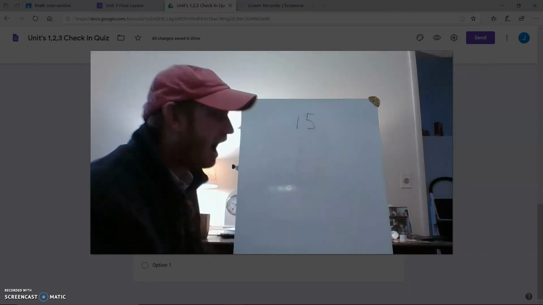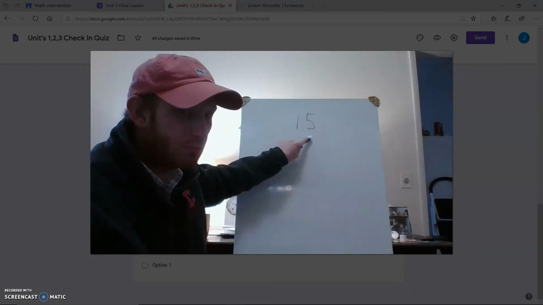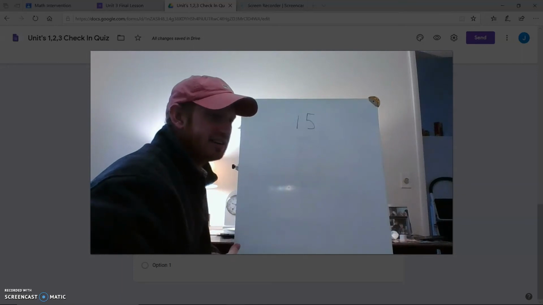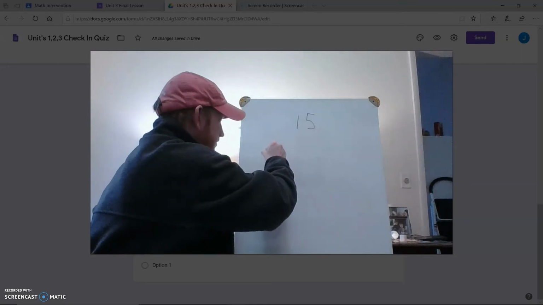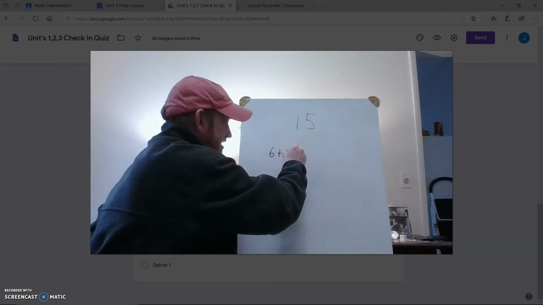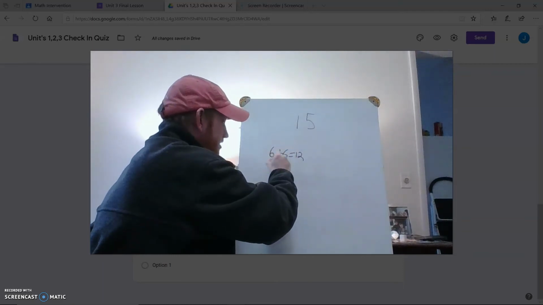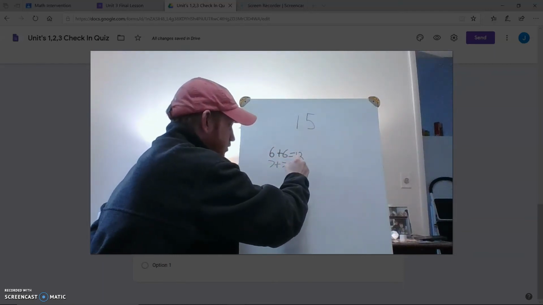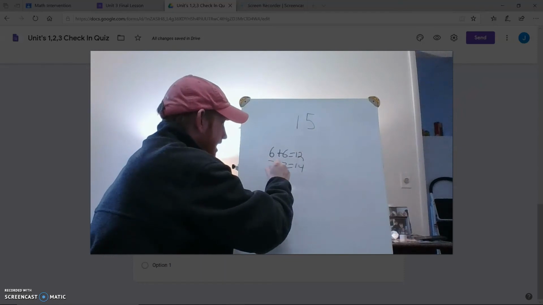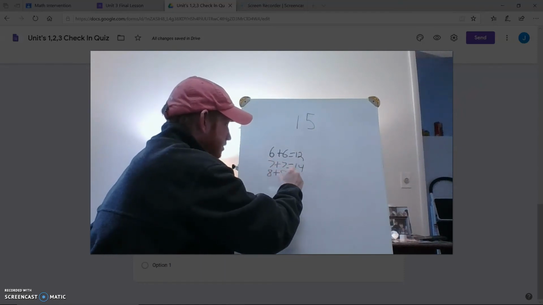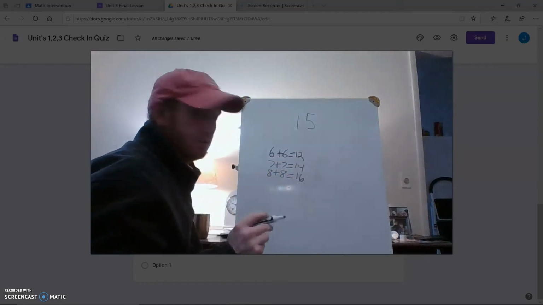I'm going to start a little higher because we know that 15 is a bigger number. So I'm going to start at 6. So we have 6 plus 6 equals 12. 7 plus 7 equals 14. 8 plus 8 equals 16.